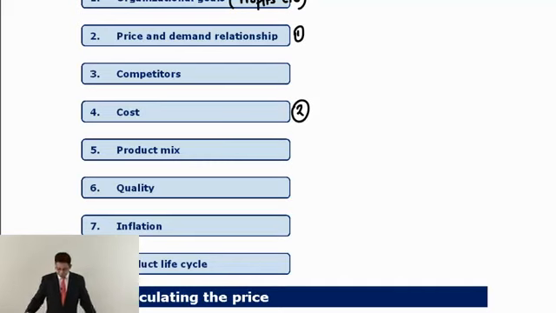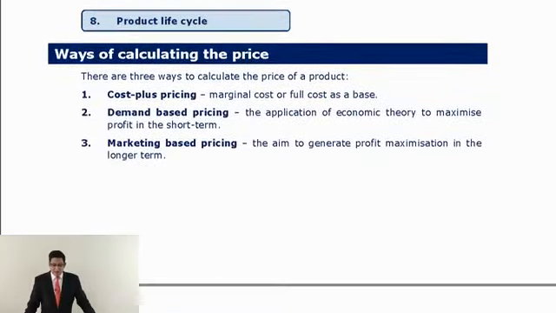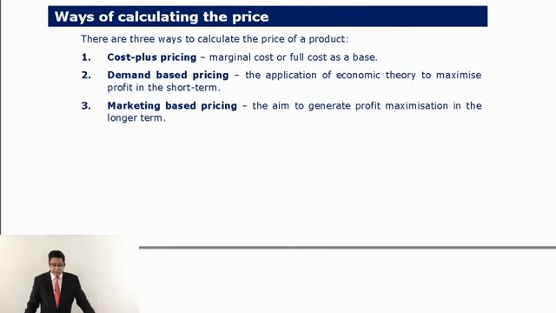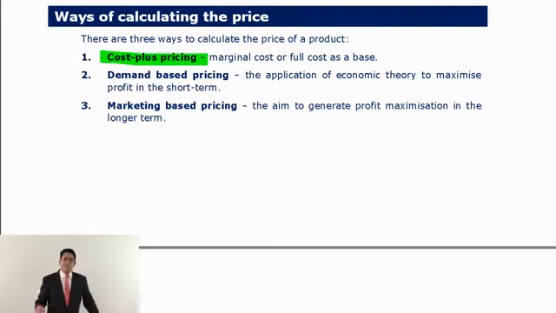price as well. Now there are a number of ways to calculate the price. Number one, cost plus, which is very straightforward. All we need to do is add cost. If it is marginal, then only variable cost plus profit. If it is the full cost approach, total cost plus profit.